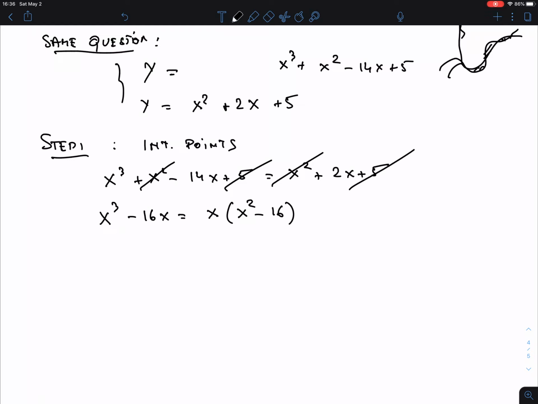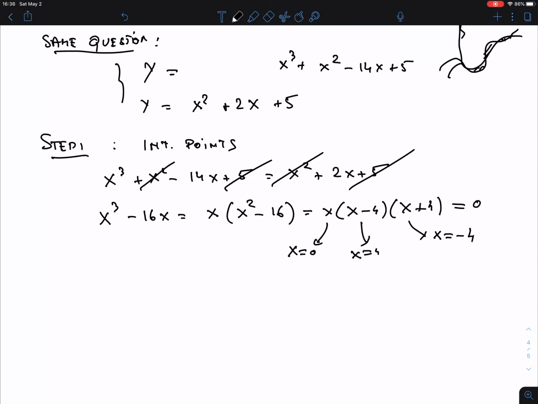Don't forget to factor out an x. Now this is a difference of squares: x minus 4 times x plus 4. So what are the intersection points? Very important: sometimes people ignore the x here. It cannot be ignored. It means x equals 0 is a possibility. So x is 0, x is 4, and x is negative 4.